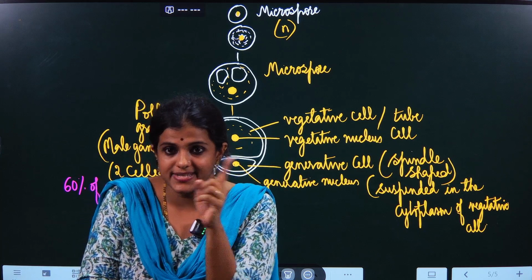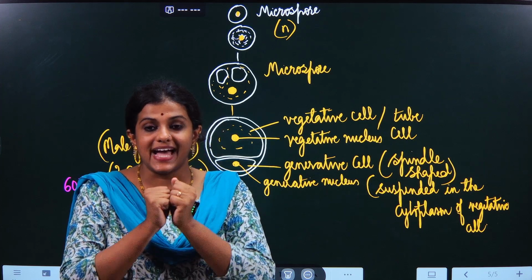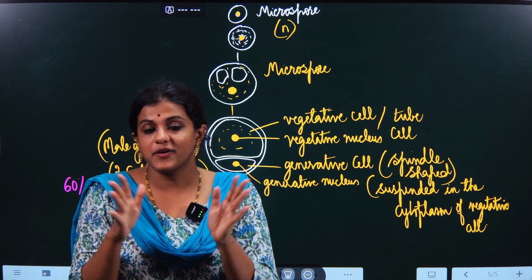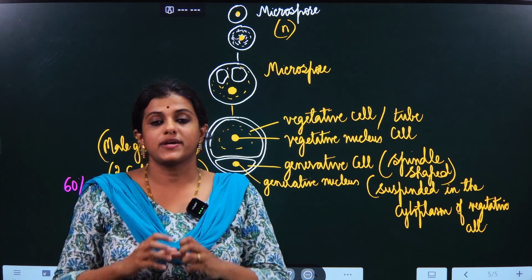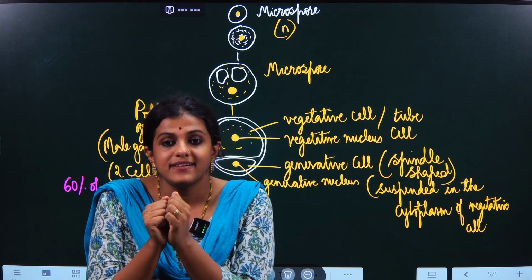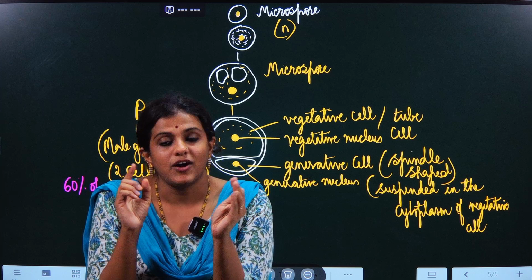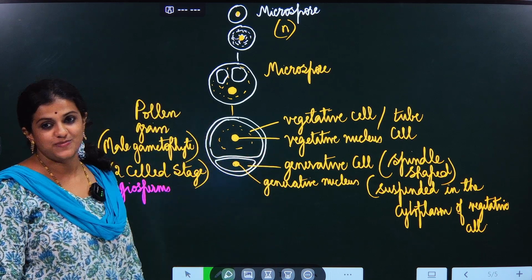You have to understand the difference between dehiscence and dispersal. Dehiscence means the anther is opening up, whereas dispersal is pollen grains getting dispersed. So in 60% of angiosperms, anthers dehisce or the pollens disperse at the two celled stage.